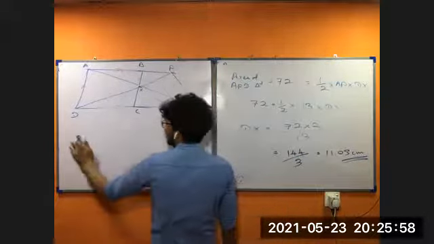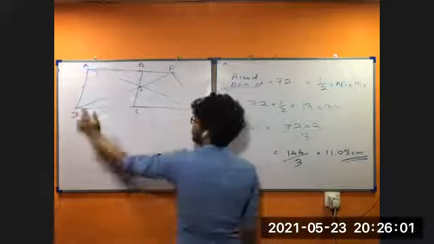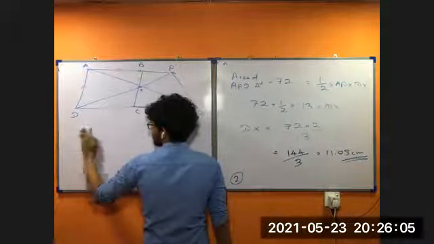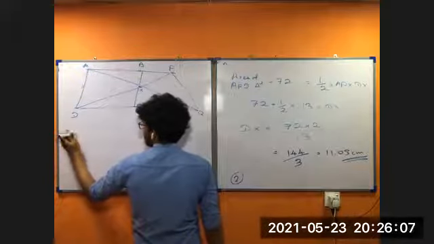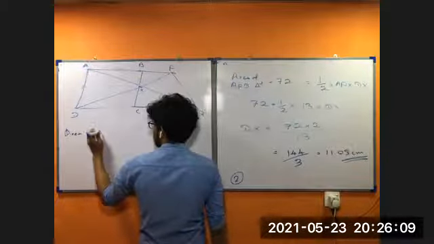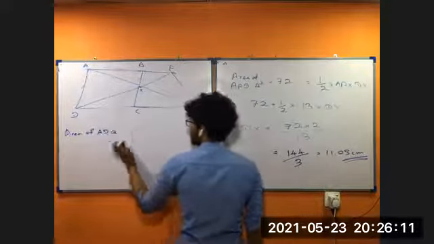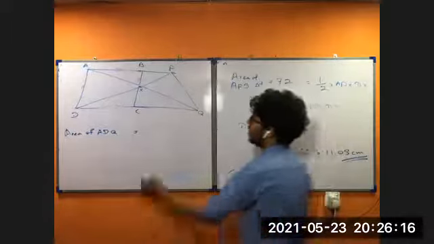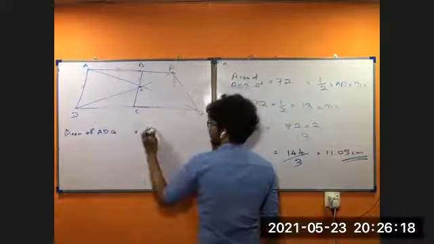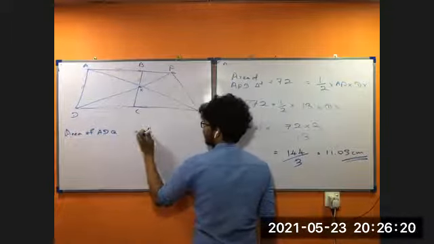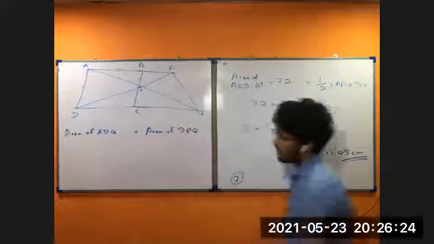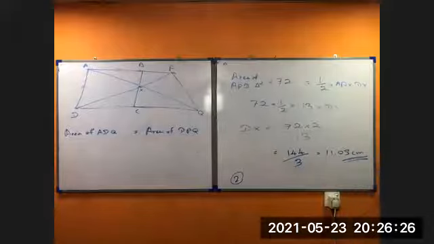One thing I know is, area of ADQ is equal to area of DPQ, right? Area of ADQ is equal to area of DPQ.